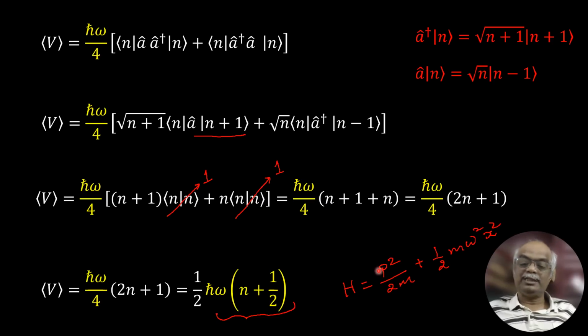So here both terms are symmetrical. This is proportional to the square of the momentum. This is proportional to the square of x. So both terms have symmetry. Hence, we can easily recognize that we will get half of the energy from the potential energy and another half from the kinetic energy. That is the importance of the harmonic oscillator problem.